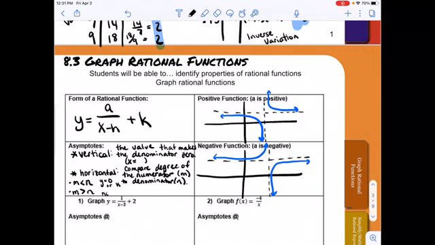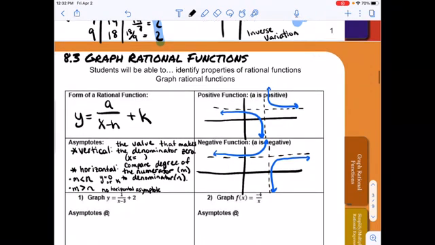This is when we have no horizontal asymptote. Or you could have m equal to n, which we'll look at an example of in just a minute. And this is y equals a over b. So we'll figure out what that means in just a minute, okay?